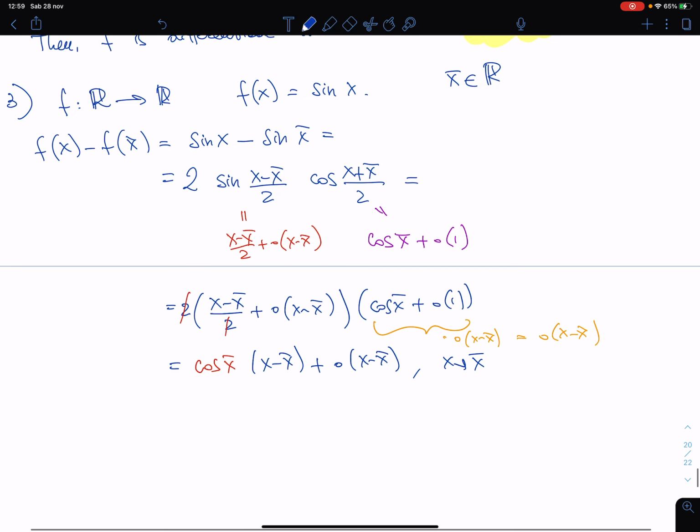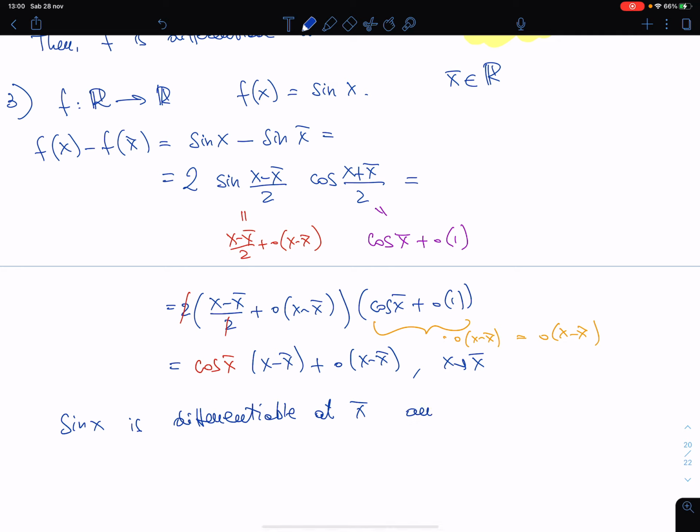So as a conclusion, again, f, so sine of x, is differentiable at the point x bar in R, whatever x bar is, and f prime of x bar is equal to cosine of x bar. And another way of representing this, more formal, with some abuse of notation, is that sine of x prime is equal to cosine of x.